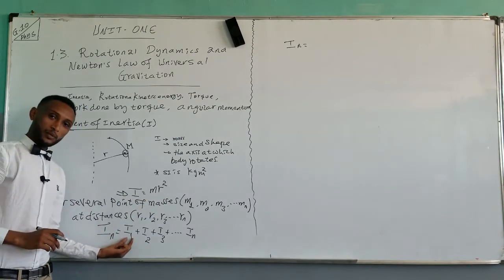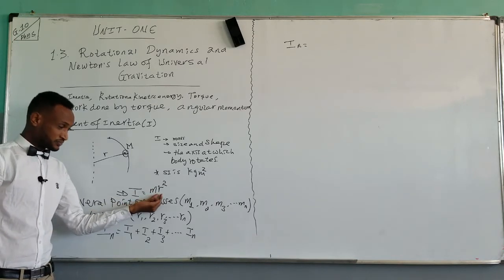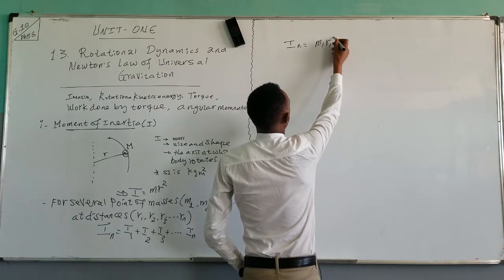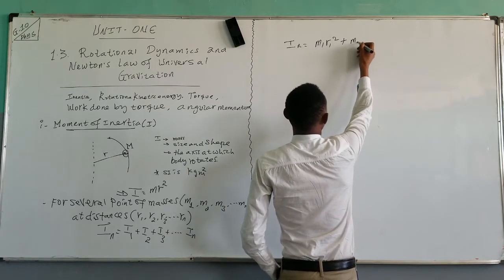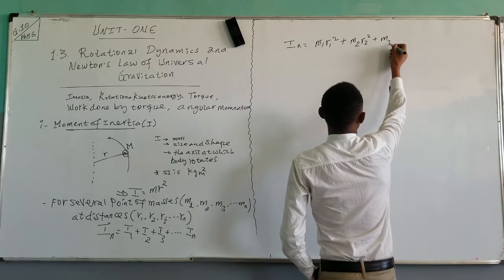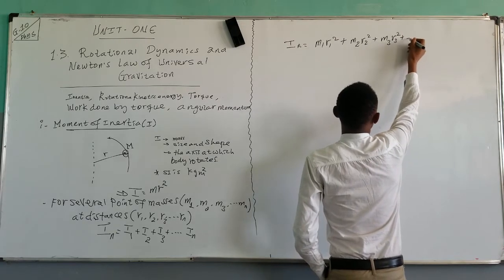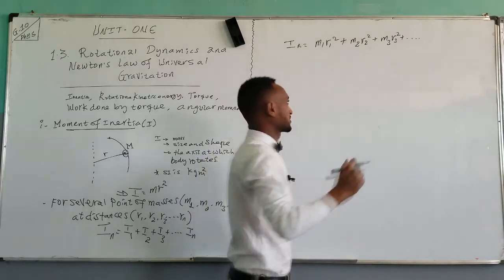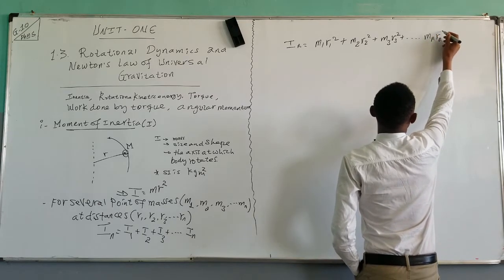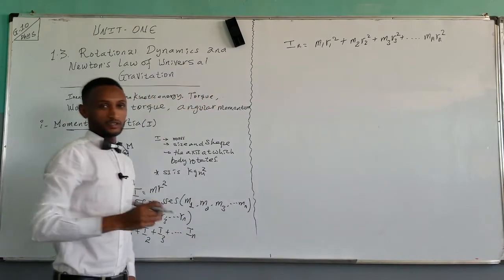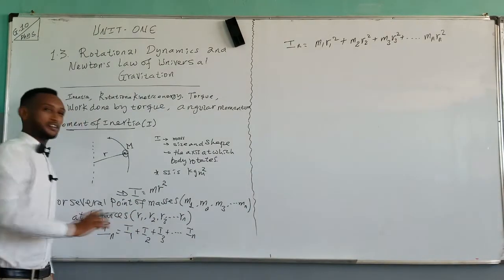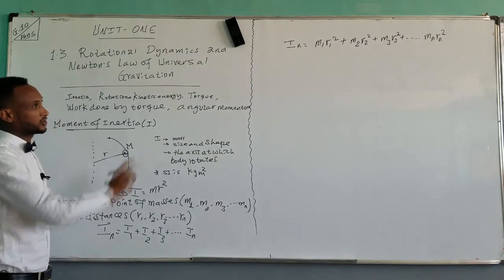So the total is m1 r1 squared, plus m2 r2 squared, plus m3 r3 squared, and so on up to the nth point mass, mn rn squared. If there are several point masses at several distances, you get the total moment of inertia of the bodies this way.